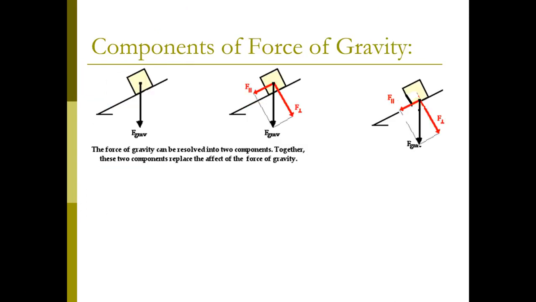This can sometimes make breaking up gravity a little bit tricky, because now our gravity force has an x component and a y component. So how can we figure out what these components are?